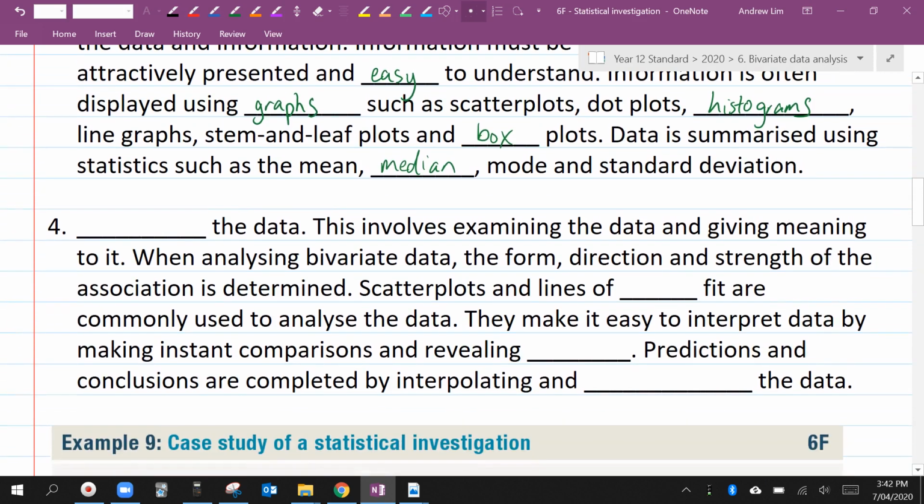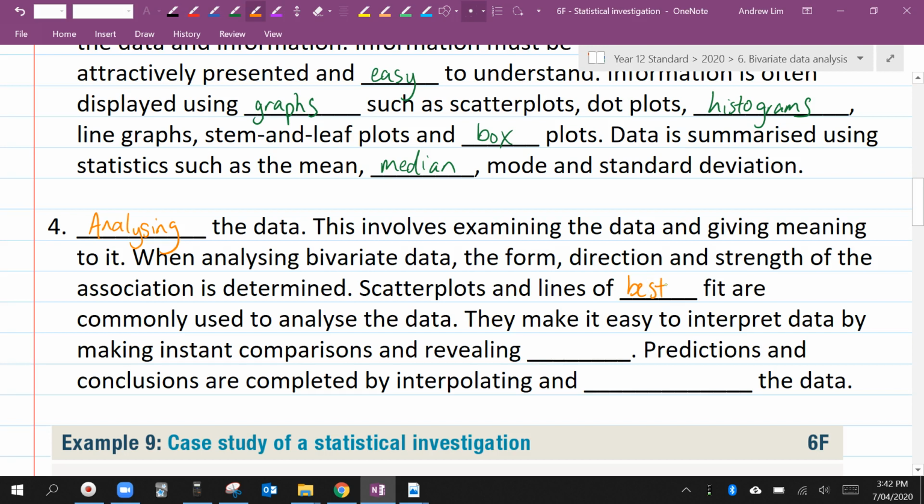And finally, once we've done that, we can analyze it. This involves examining the data and giving meaning to it. When analyzing bivariate data, the form, direction, and strength of the association is determined. Scatter plots and lines of best fit are commonly used to analyze the data.